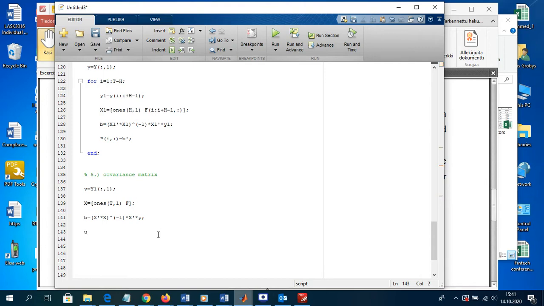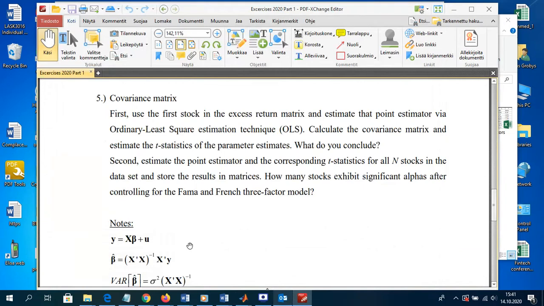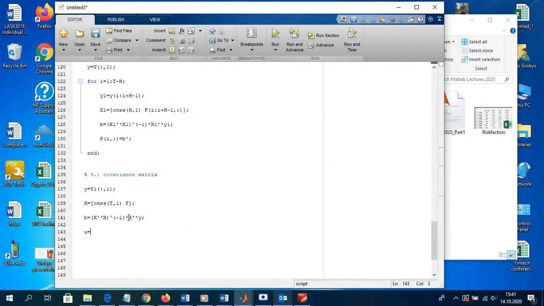Then, if we go back to our formula and move this to the left-hand side, the estimated residuals are given by Y minus the regressor matrix X times the estimated vector beta hat. So this is very simple: U is equal to Y minus X times our estimated vector B.